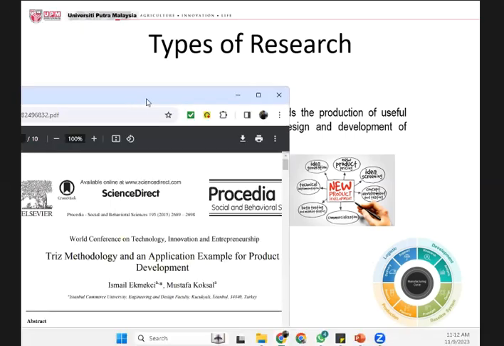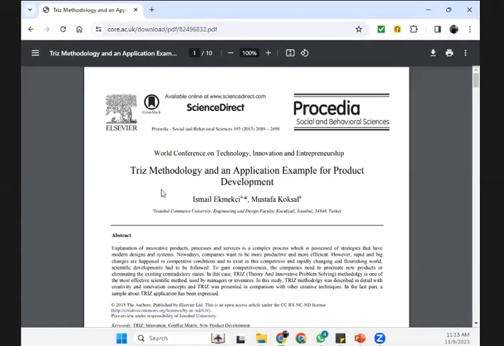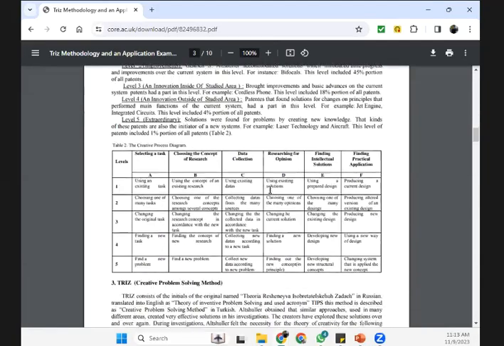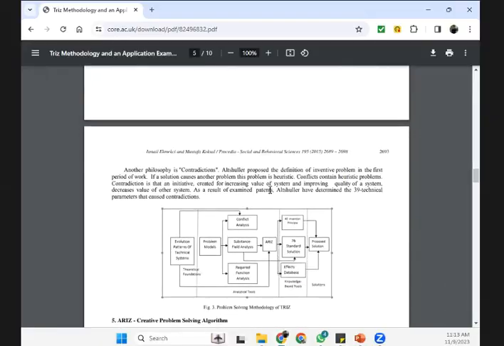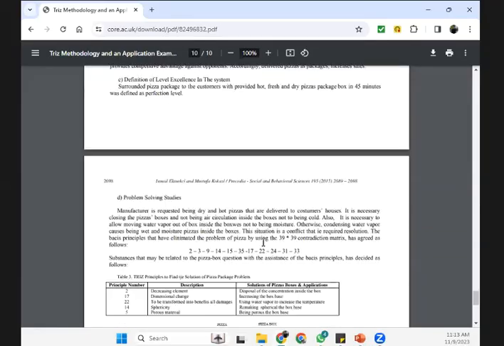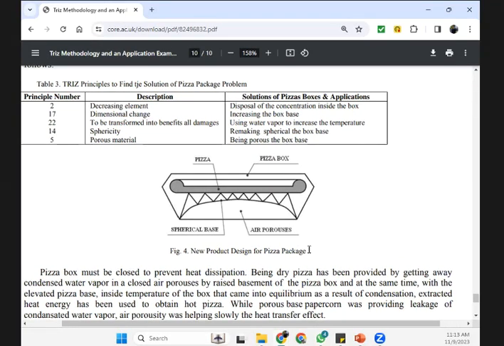So this paper is about using the TRIZ method to apply for product development. Using TRIZ, you can have all the methods. So at the end of the day, it comes up with an example to solve a problem about product design for pizza packaging. I think it's not just about designing this. Maybe the idea of this paper is to show how this method can be used to design something.